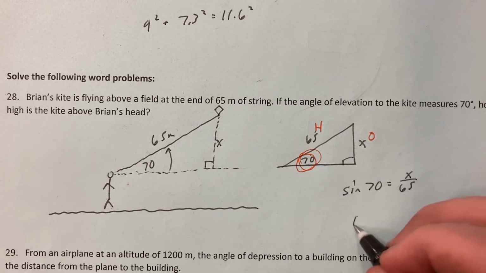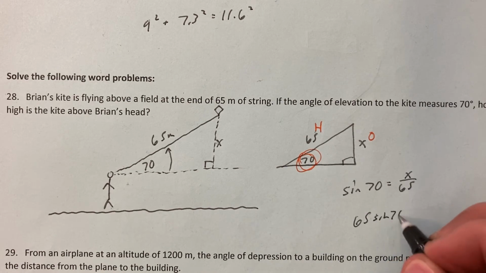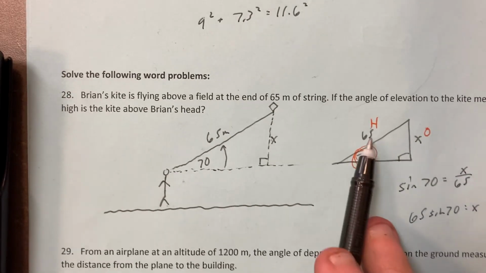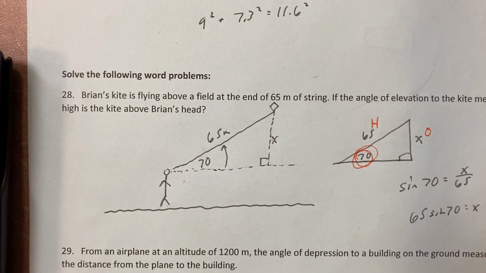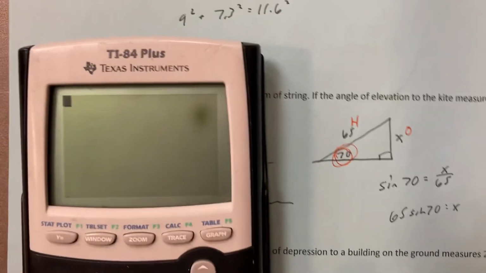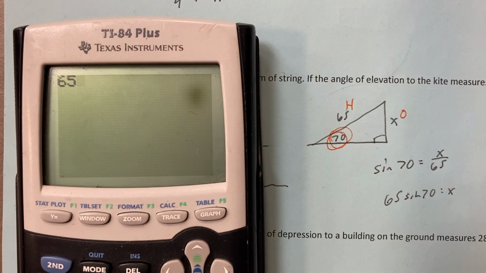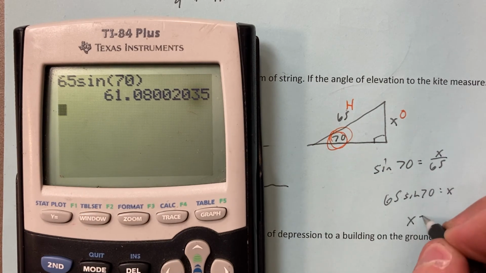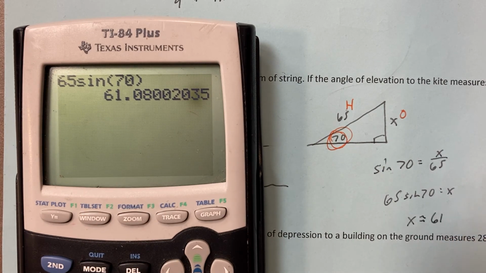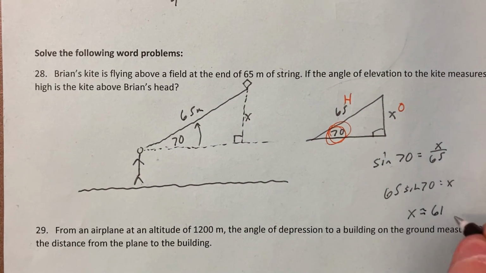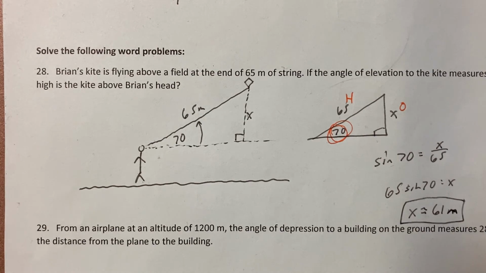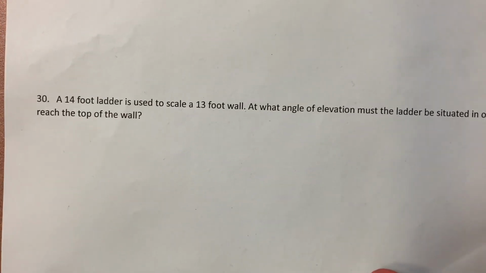Multiply the 65 over. Get our answer. Now it's going to be close to 65 because this is the bigger of the two angles. My diagram's not drawn very well to scale, but it gets the idea. About 61 meters. Don't forget your units.